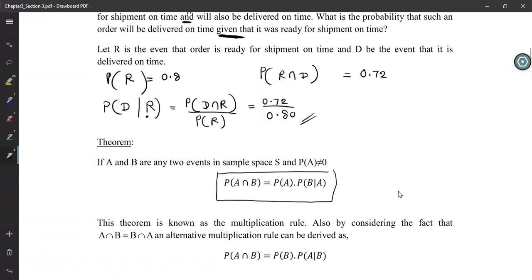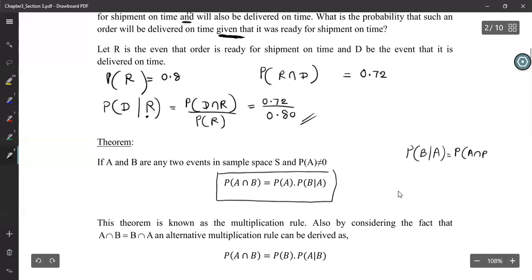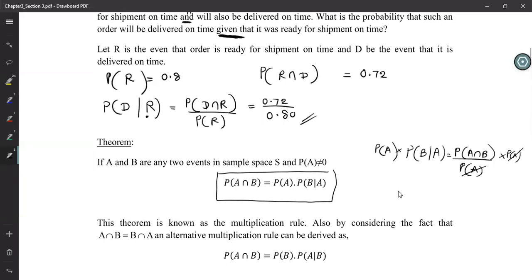How do you get this? Let's go back to the conditional probability of B given A. What is it? The intersection divided by the given one. Now, if you multiply both sides by P(A), what do you get? So P(A) cancels.